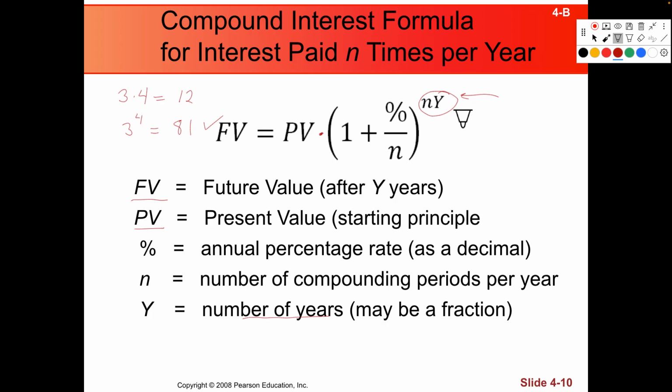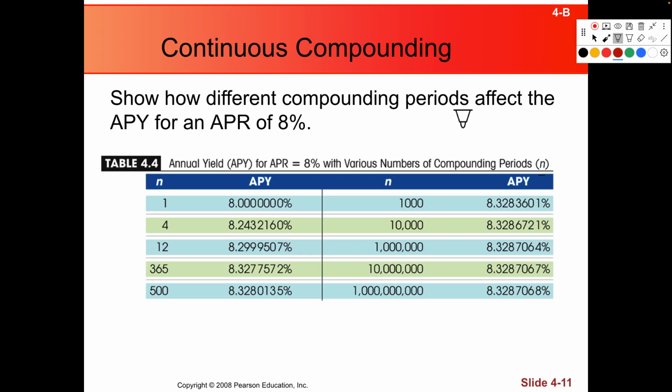You okay with that? And again, you could use this to do all your calculations. It would work, but I think you'll like using the TVM solver. This is just a table that shows if you're getting paid 8% interest over a 1-year period. If you get it paid at the end of the year, you got 8%, right?